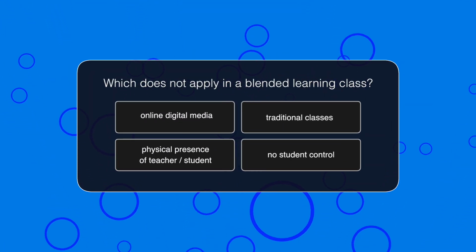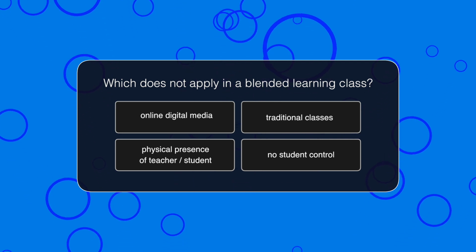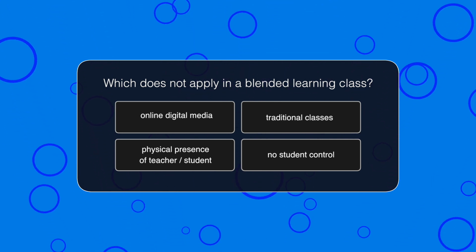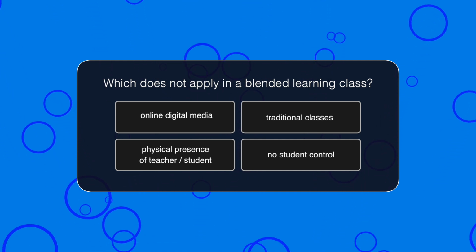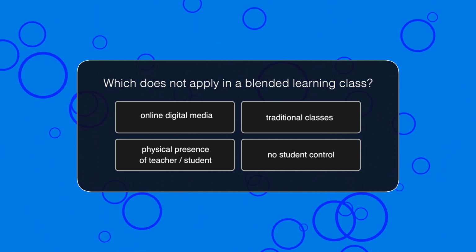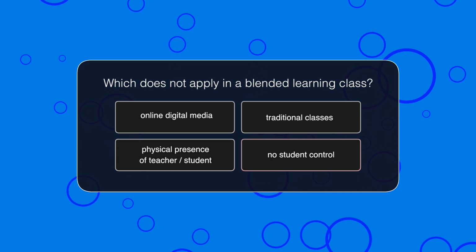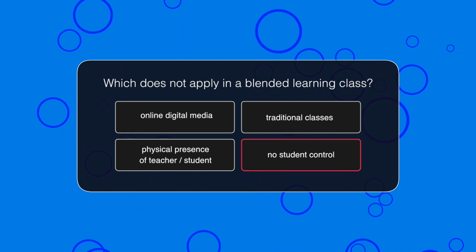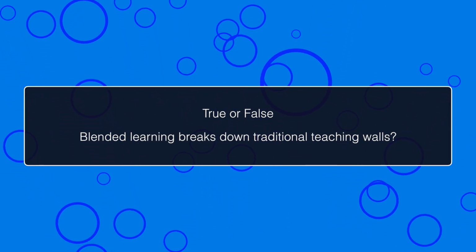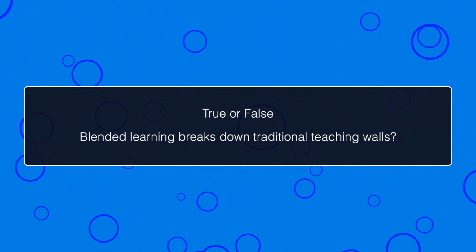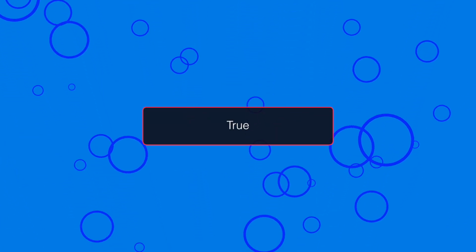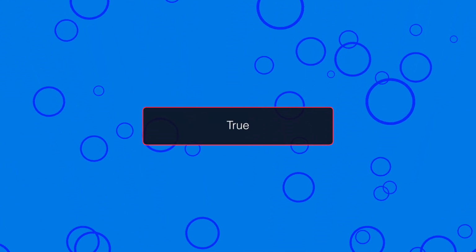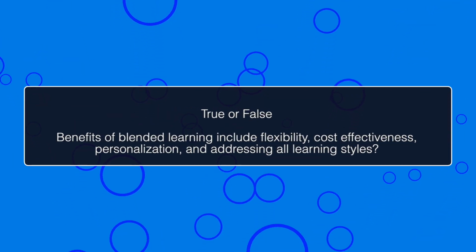Which does not apply in a blended learning class? Online digital media, traditional classes, physical presence of teacher and student, no student control. True or false? Blended learning breaks down traditional teaching walls. True or false?